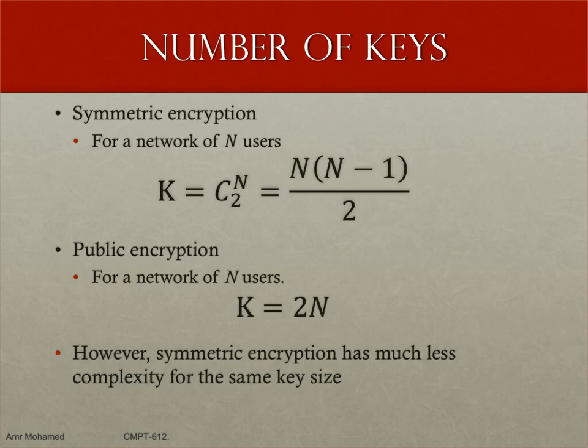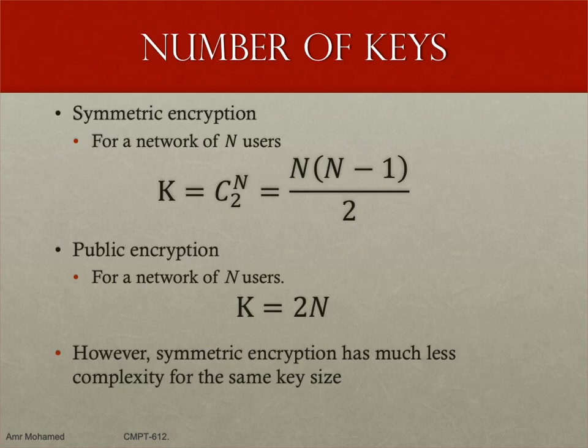So if we're trying to distribute these keys in distributed systems or a network with n nodes, okay? If we were to talk about shared keys, how many keys will the KDC need to distribute?